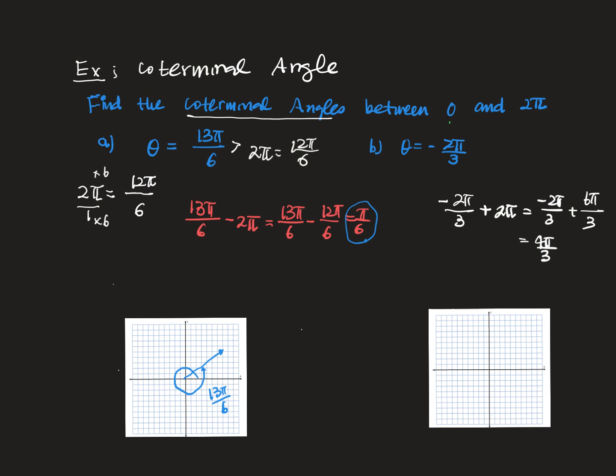Where is 4 pi over 3? Let's check here. 4 pi over 3 is greater than pi, so you sketch it here. Another way to see it is that negative 2 pi over 3 is coterminal with it.